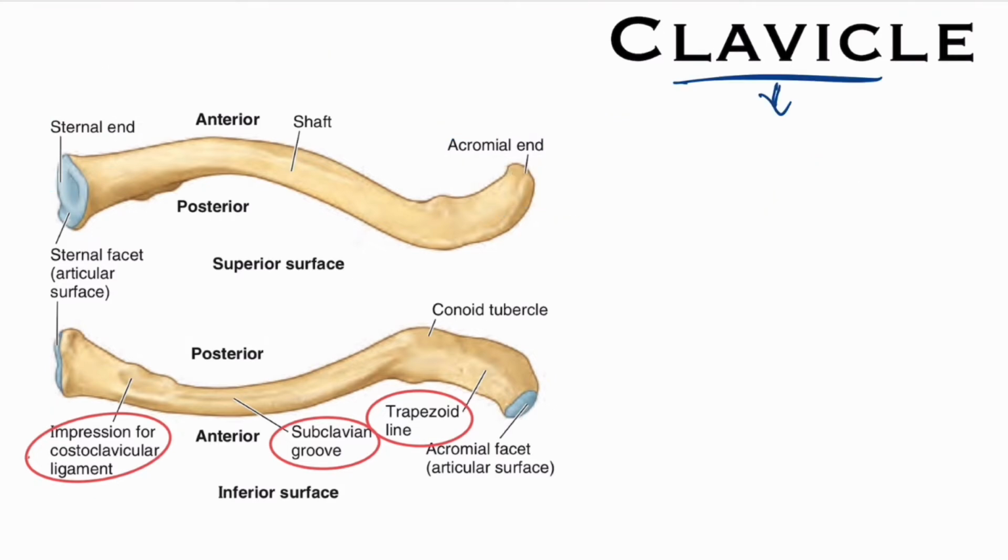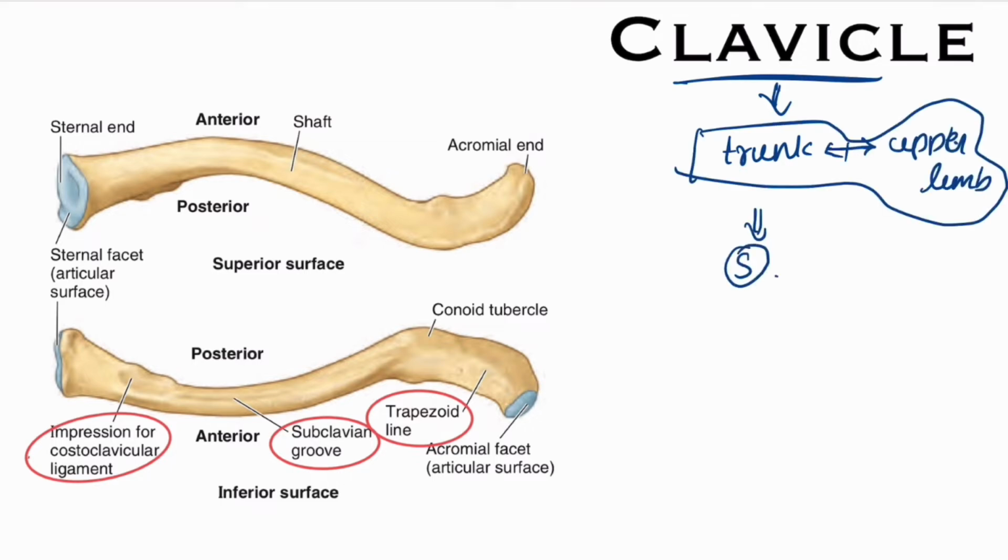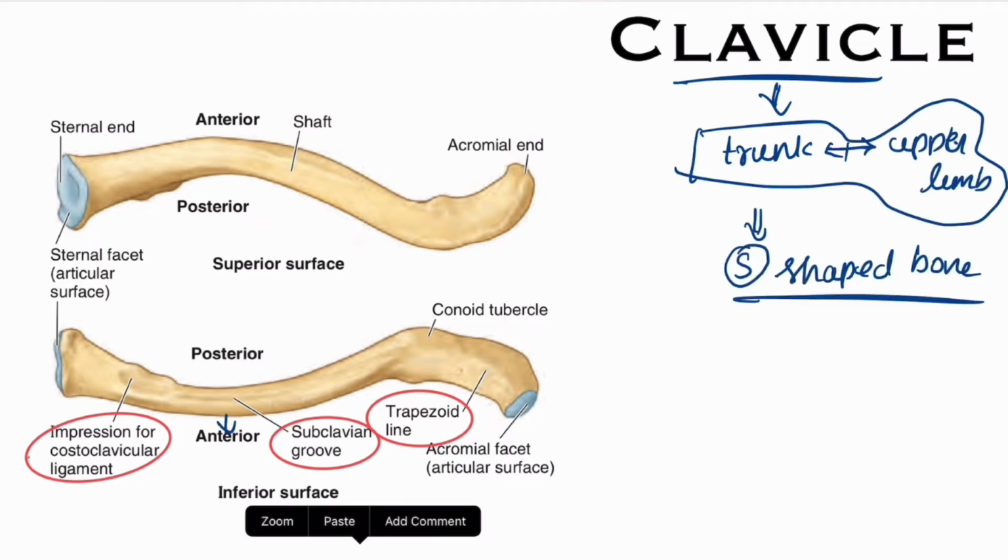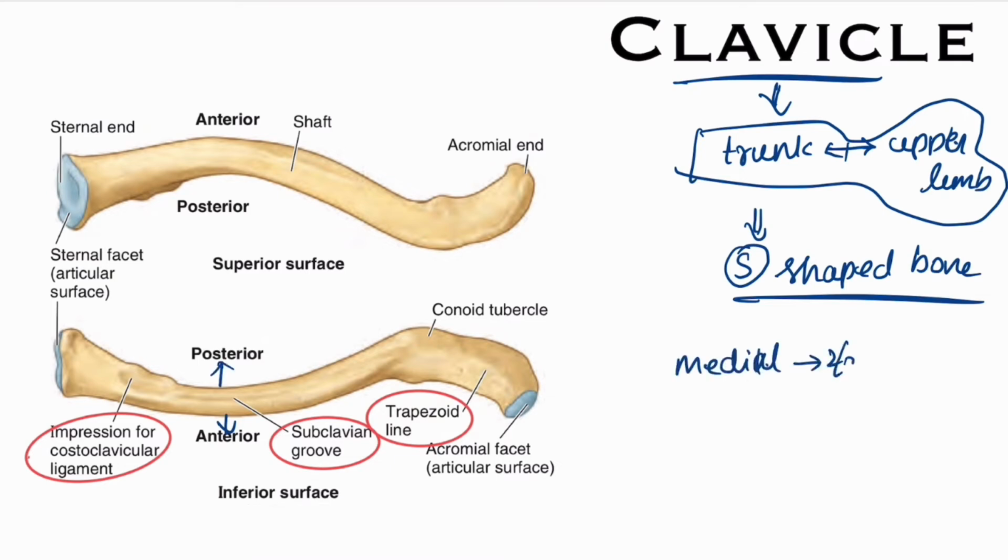The clavicle is the only bone that attaches between the trunk and the upper limb. And this is an S-shaped bone. This is the anterior surface and this is the posterior surface. The medial 2 by 3 of the clavicle is convex and the lateral 1 by 3 is concave.